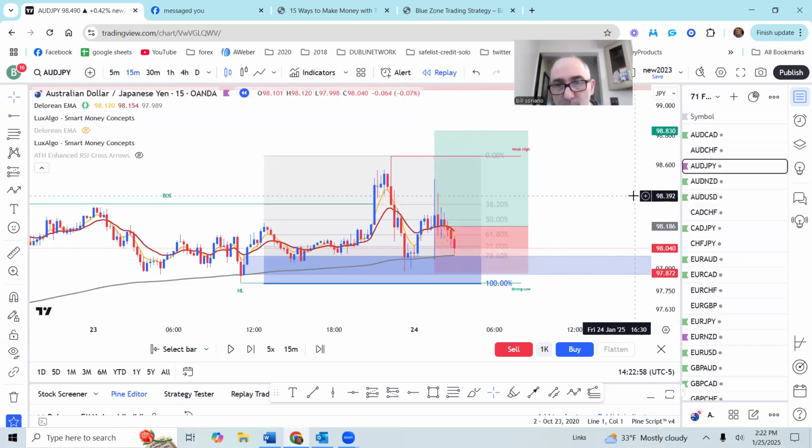So there has to be a point where, if your entry is going to be above the 50% retracement, then you probably don't want to take the trade. Okay, because now you're getting into the premium zone and you don't want to buy at a premium, you want to sell at a premium. Okay, but we're just under that.